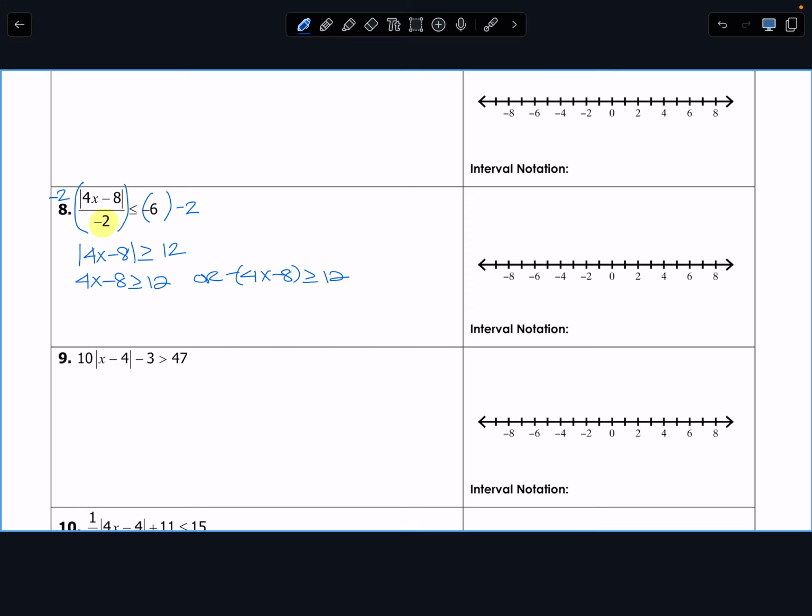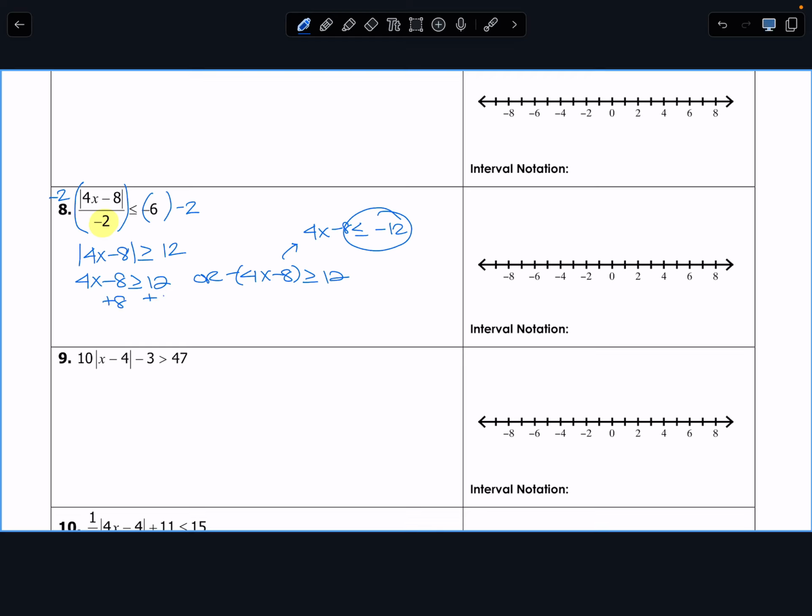And Mason, back to your thing, I could have written this as 4x minus 8 is less than or equal to negative 12 instead. But you'd have to switch both of them, and I don't think people will remember that.